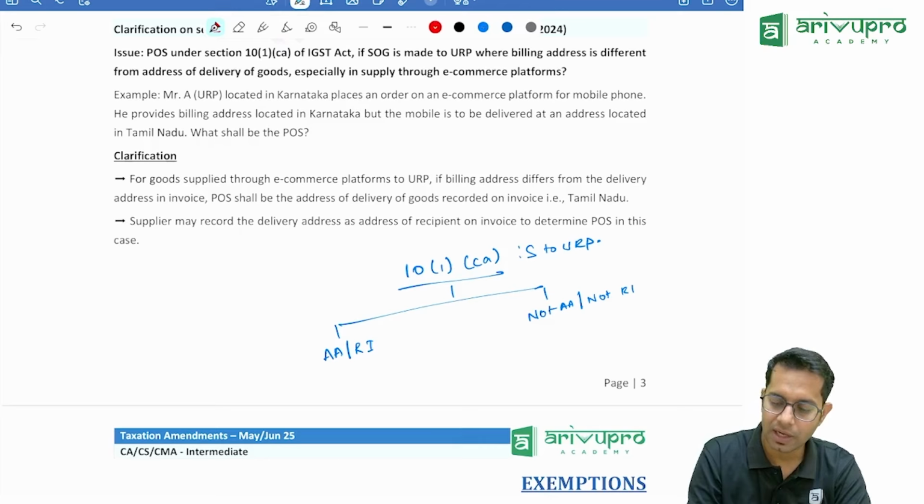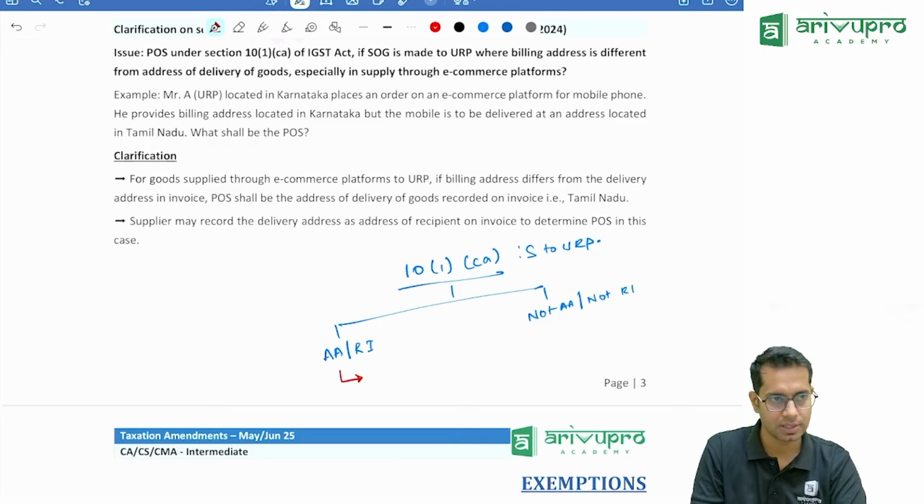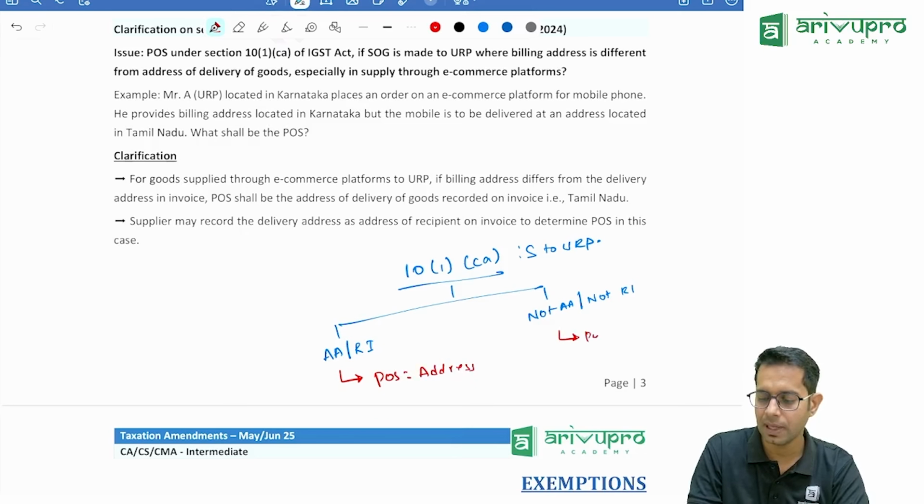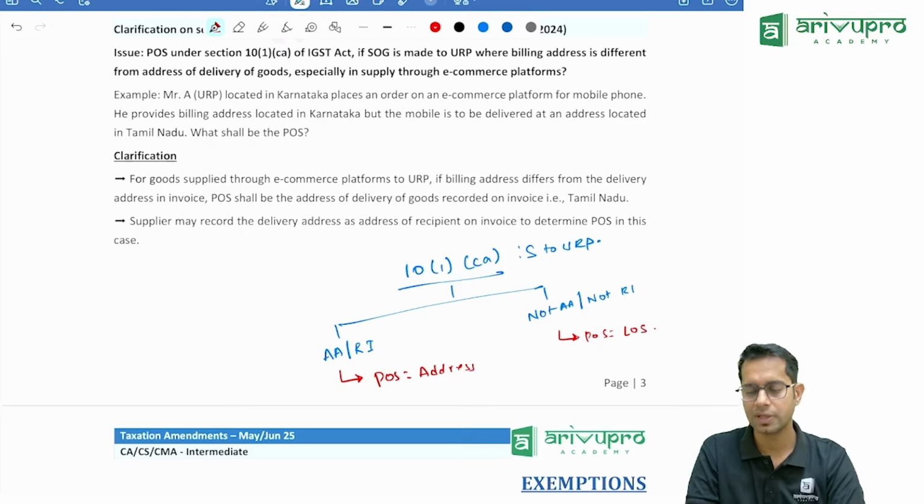If the address of that unregistered person is recorded on the invoice, the place of supply will be whatever address is recorded on the invoice. If the address is not recorded on the invoice, the place of supply will be the location of supplier.